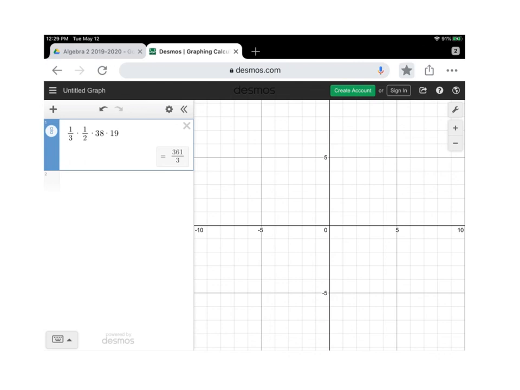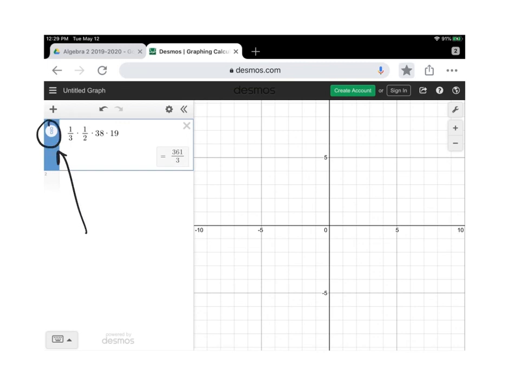One final note to make life a little easier for you. Reducing these fractions can be a little tricky. Desmos, the graphing calculator on desmos.com, can do this for you very easily. Notice that I punched in 1/3 times 1/2 times 38 times 19. It will give you a decimal, and the trick is to hit this button right here.